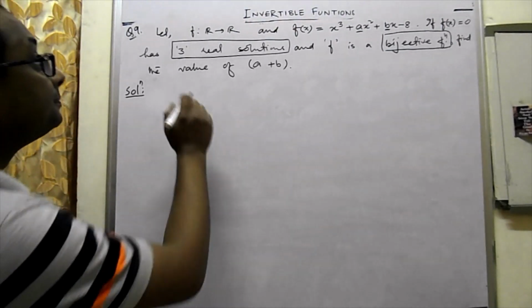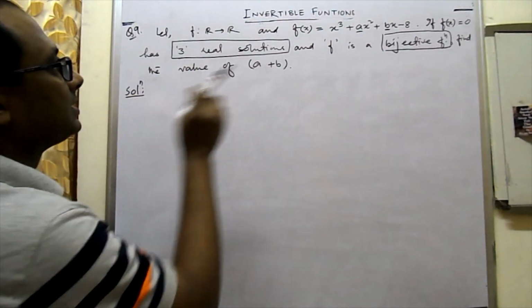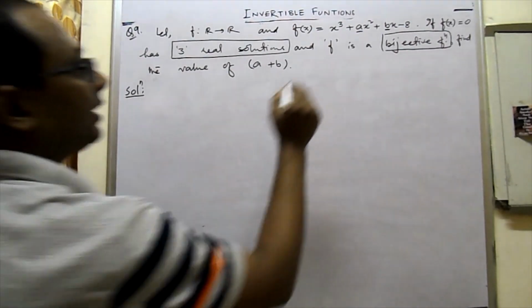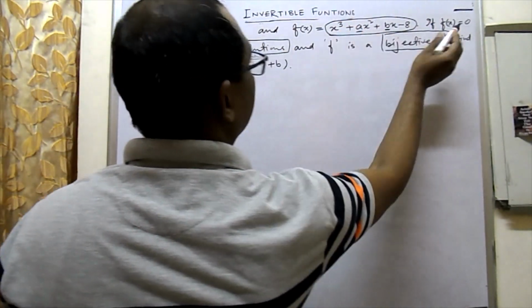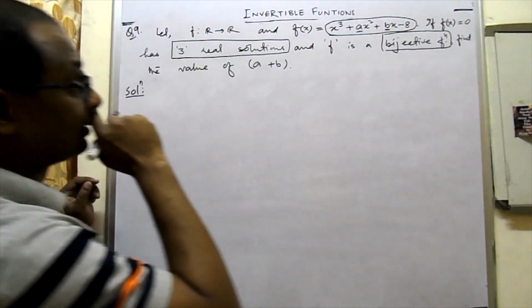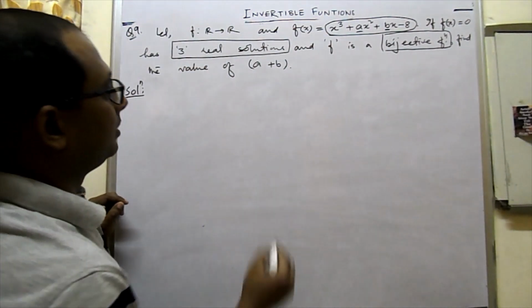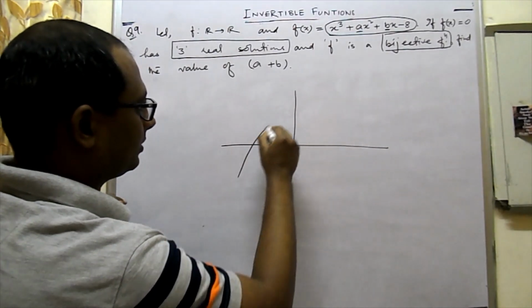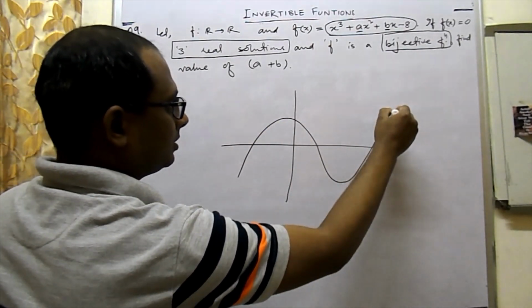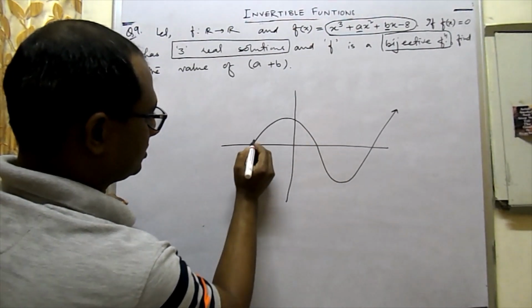So for the solution, since it is bijective and f(x) is a cubic function and it has got 3 real roots, they are saying. Now, if a function is having 3 real roots, the ideal condition is this.